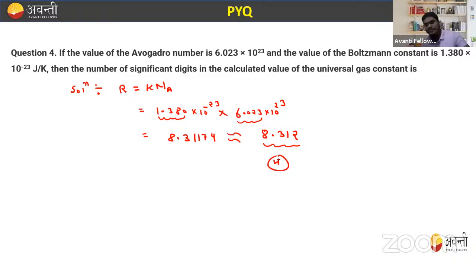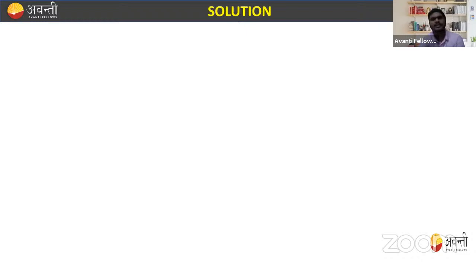This is quite simple, but students face problems in this. They don't know the relationship between the universal gas constant, the Avogadro number and the Boltzmann constant, right? This is the relationship between these three: universal gas constant R equals Avogadro number into Boltzmann constant. So the total number of significant digits in the calculation is 4 only, right?